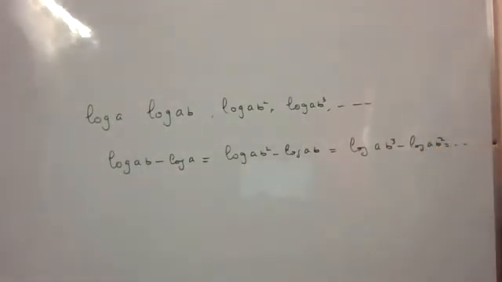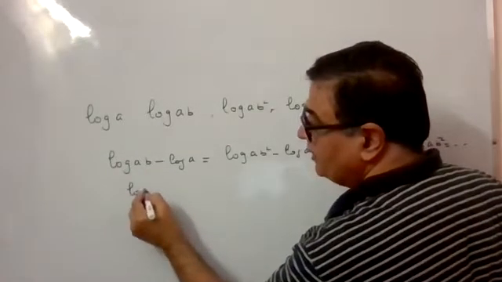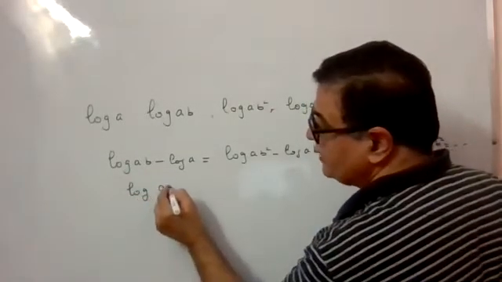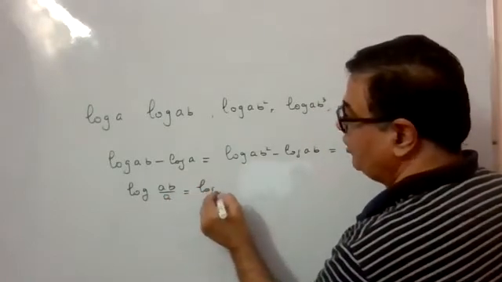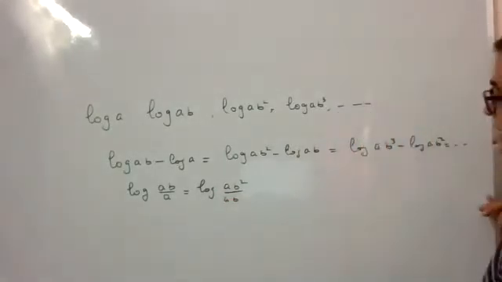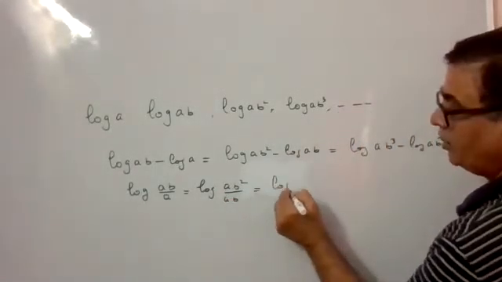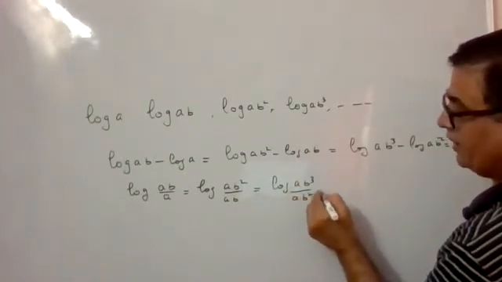So on it will go. This will become log A minus log B, so it will be log A by B. So I should say AB by A. This becomes log of AB square by AB, and this has come out to be log of AB cube by AB square.